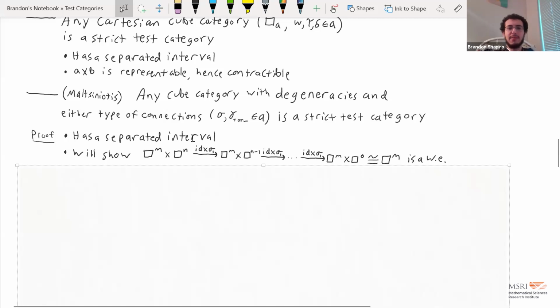We can break up that map into identity cross a degeneracy on the second component at each level, to reduce the complexity. And if I can show that all of these maps, identity cross sigma 1, are weak equivalences, then we're done.